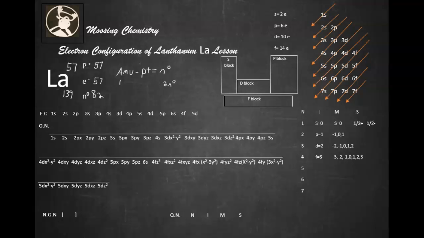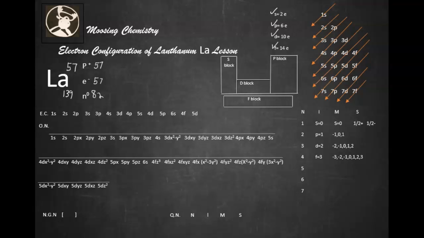Okay, so let's clean this mess up here. Okay, so now we're going to do our electron configuration. Before we do that, we have to remember that the S subshell can hold 2 electrons, the P subshell can hold 6 electrons, the D subshell can hold 10 electrons, the F subshell can hold 14 electrons, right?